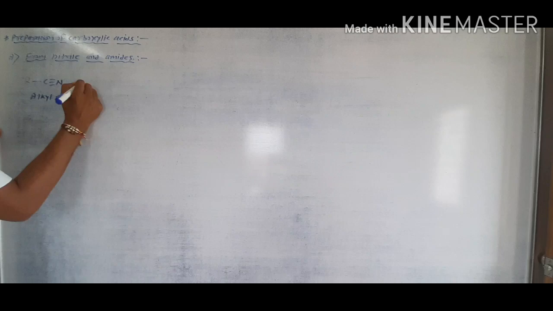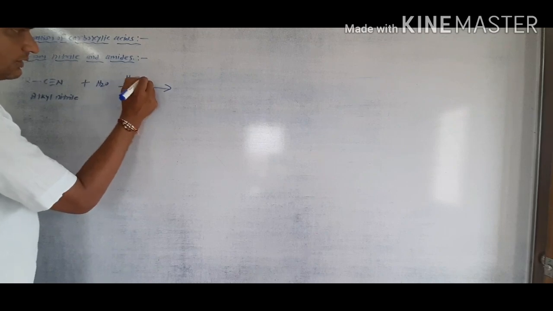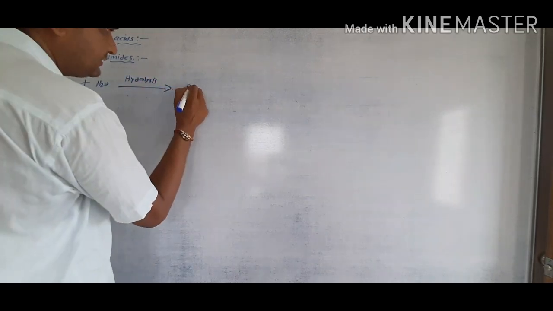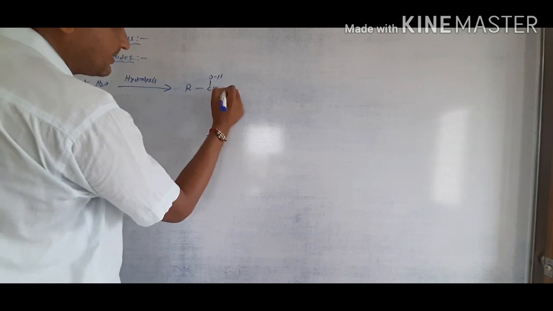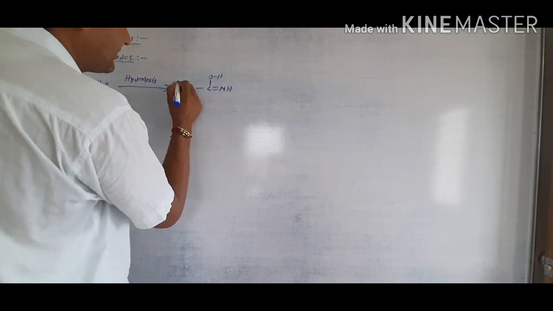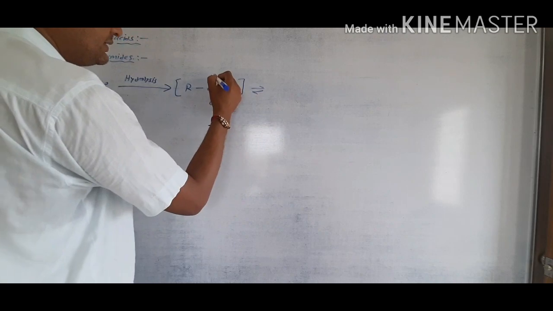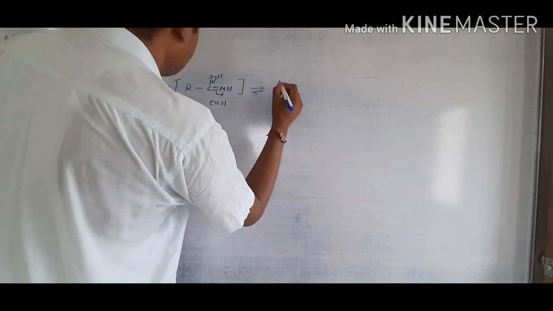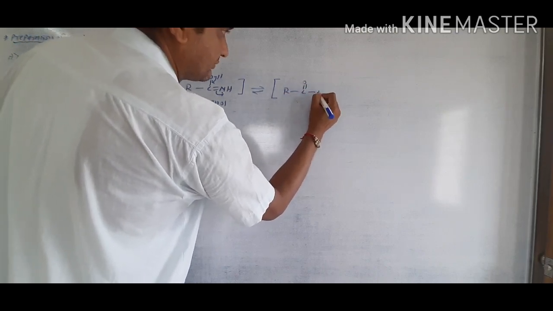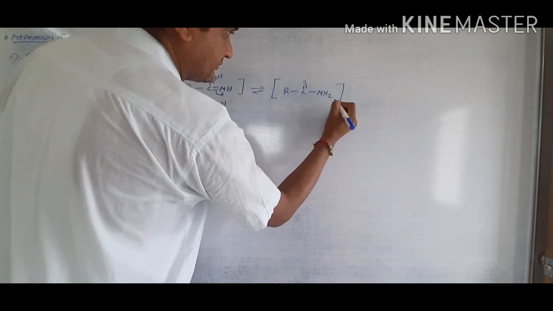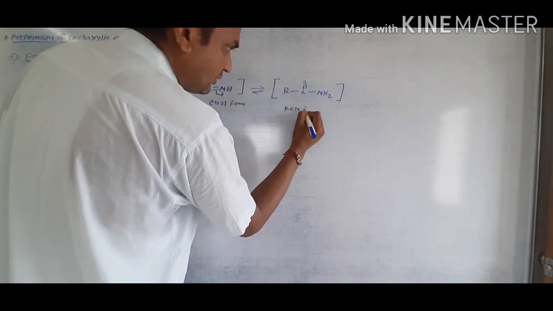There will be hydrolysis, then this one will be the enol form, and it will convert into the keto form.